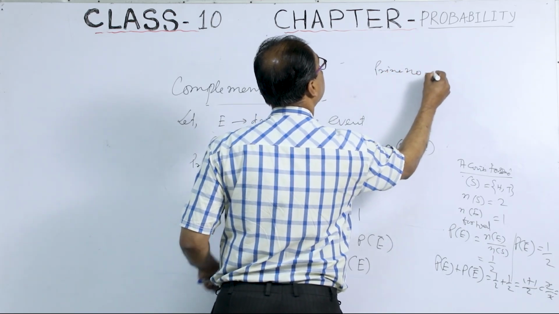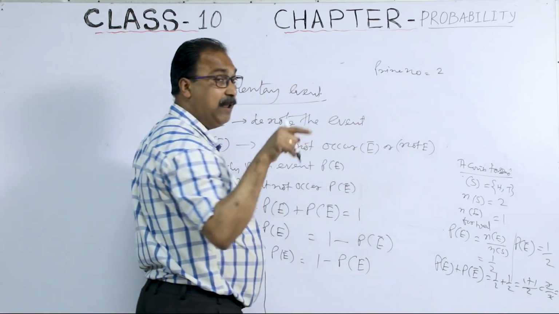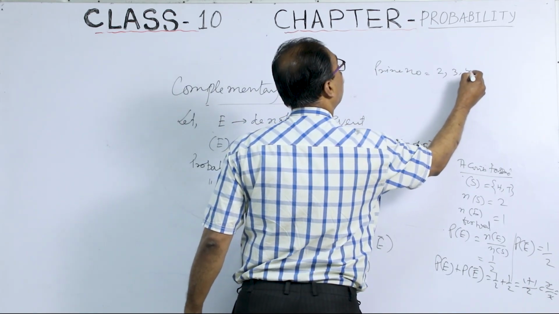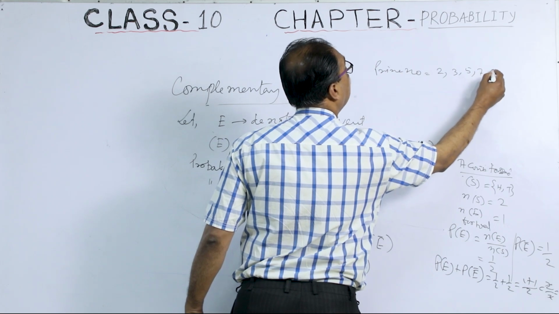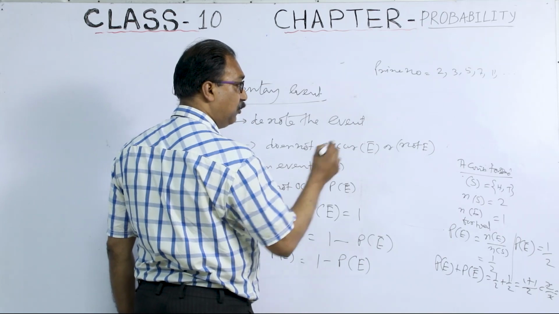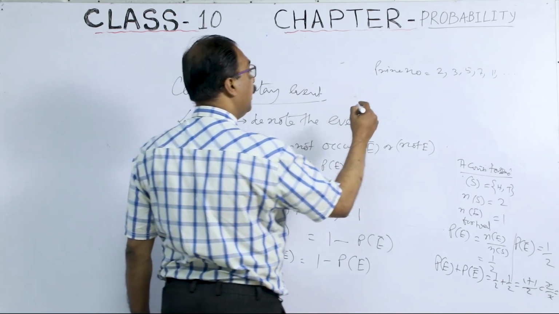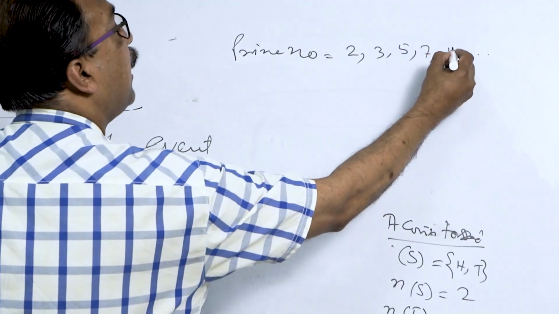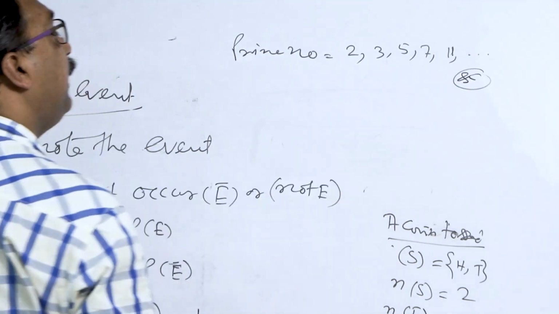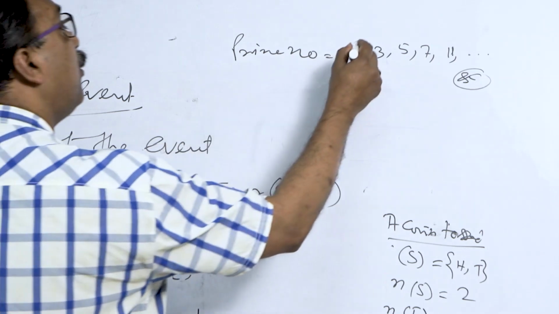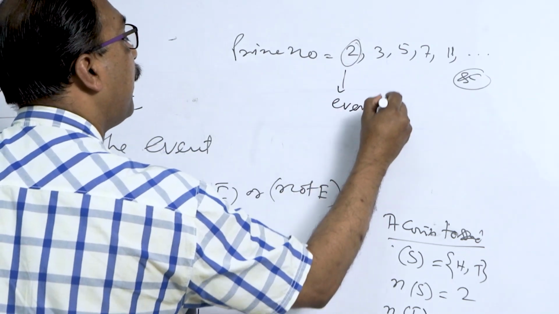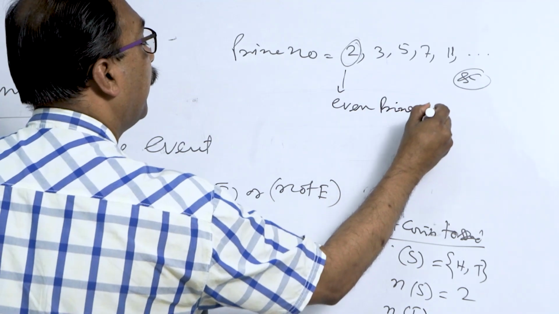A prime number is a number divisible only by 1 and itself, like 2, 3, 5, 7, not 9, dot dot dot and so on. There is only one even prime number.